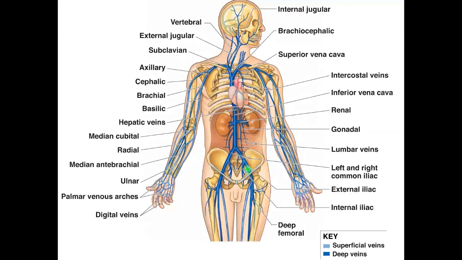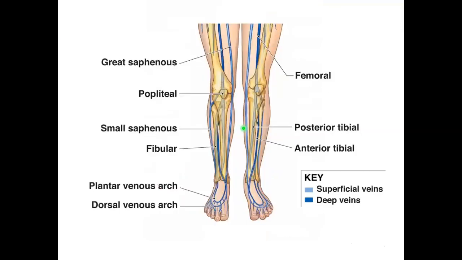Your internal, external iliac, your lumbar veins, right? Then we have the inferior vena cava, and most of your veins drain into that inferior vena cava. Here's the veins of your legs, so saphenous, popliteal, small saphenous, fibular, plantar venous arch, and then dorsal venous arch.